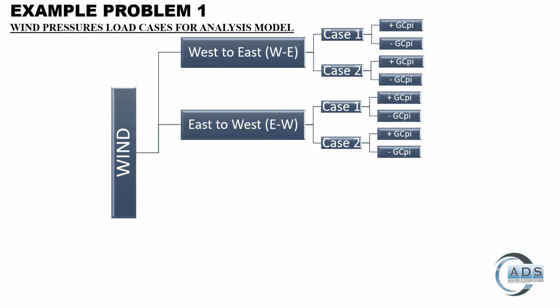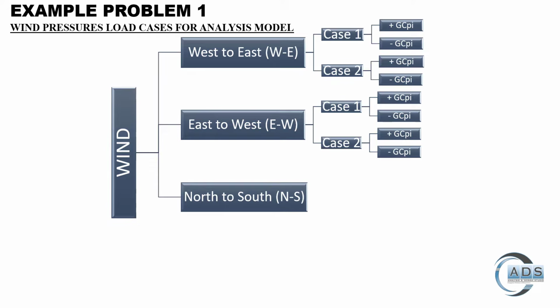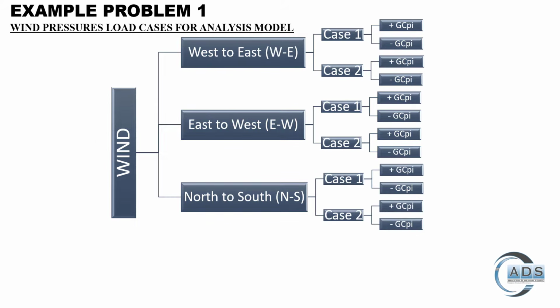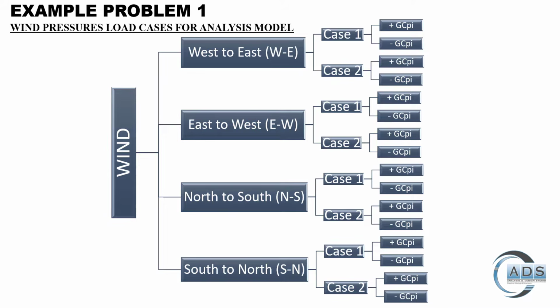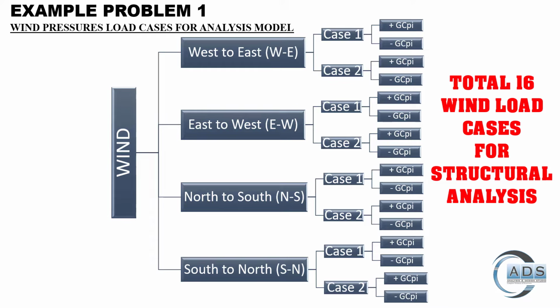So there are a total of 8 up till now. For wind direction north to south, there are 4 cases, so there are 12 up till here. And for south to north, there are 4 more cases. So there are a total of 16 wind cases that have to be defined in the analysis software, whatever we are using, to find the combined stresses due to gravity loads and the wind or earthquake loads.